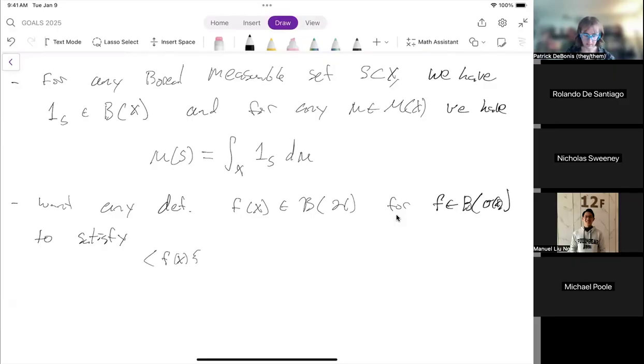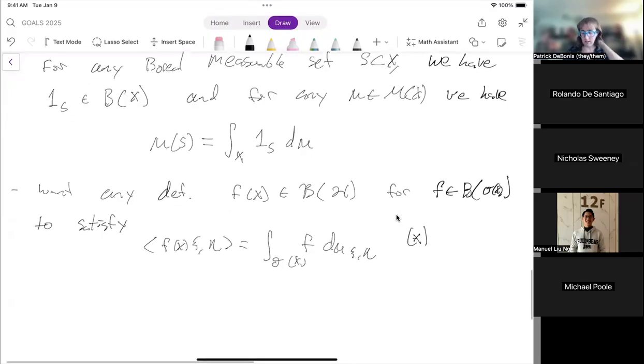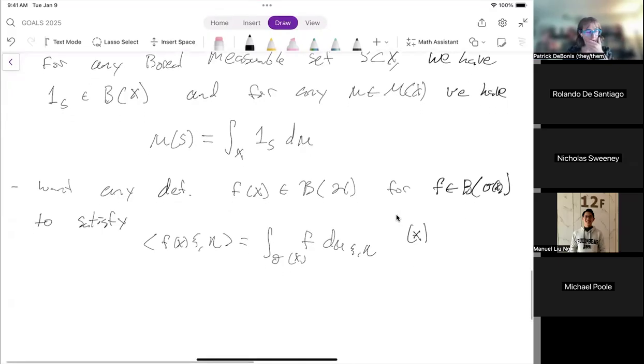Taking the operator inner product against the two vectors should be the same as integrating against that measure. Again, the proposition we did previously only shows this for continuous functions, and so that's what we're working towards, extending this to Borel functions.